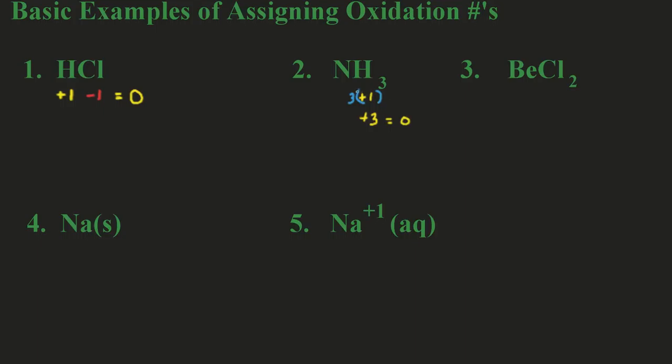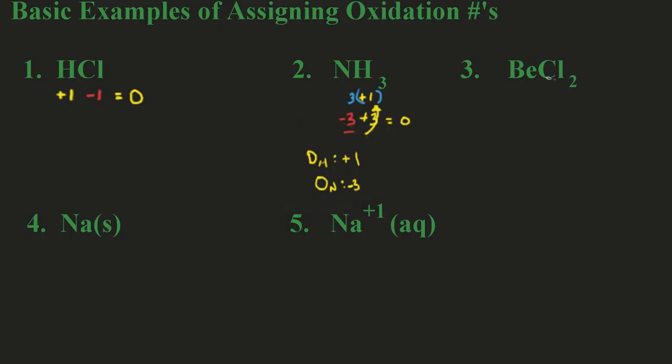And the answer is a -3. So now you have the oxidation number for nitrogen is -3, and that for hydrogen is actually a +1. There were just 3 of them. Okay, to be clear, the oxidation number for the hydrogen was a +1. The reason that's a +3 is because there were 3 hydrogens. The oxidation number for the nitrogen was -3.